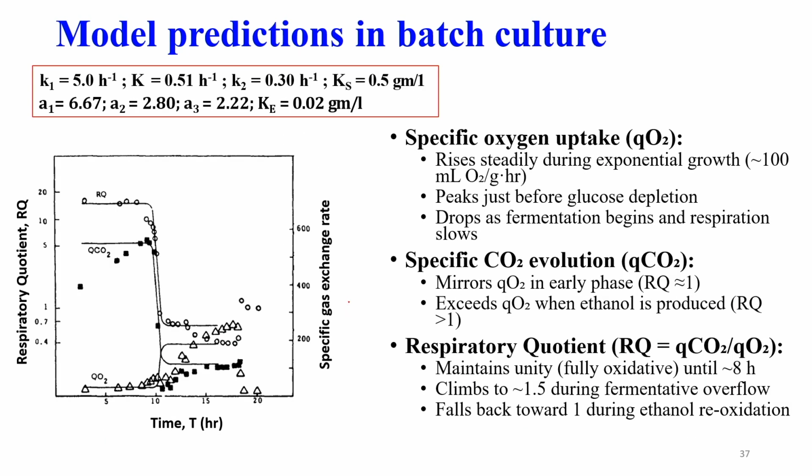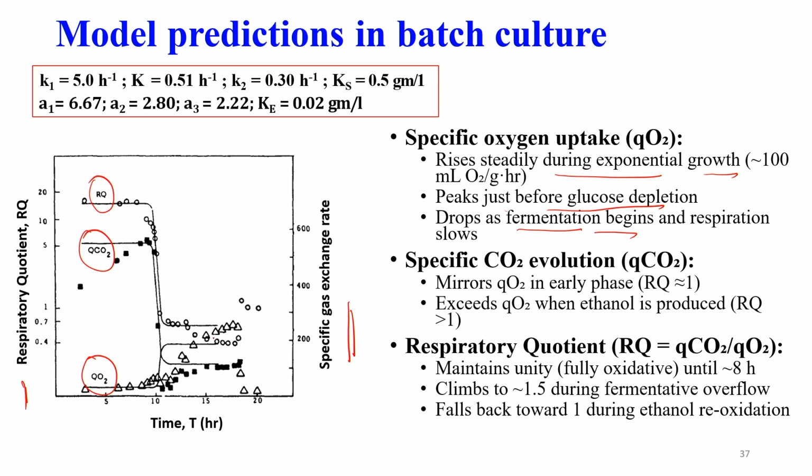In addition, as we discussed, it also gives the information of RQ and the specific gas exchange rate. This is RQ, this is QCO2 and QO2. What we are seeing is that QO2 rises steadily during the exponential phase, then peaks just before glucose depletion and drops as respiration stops and fermentation begins.